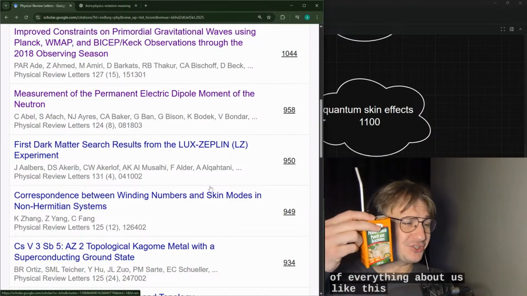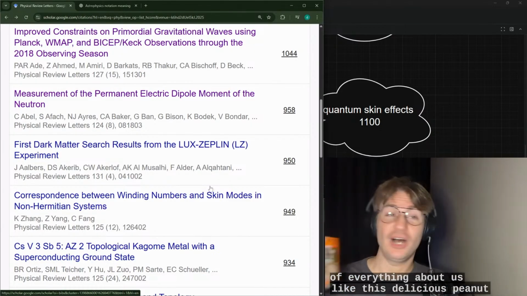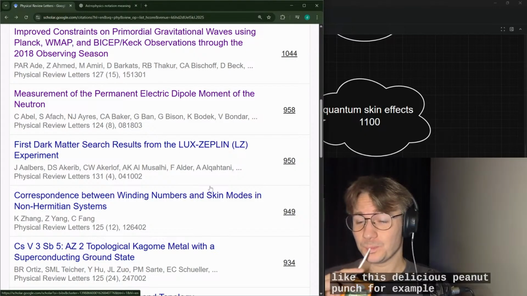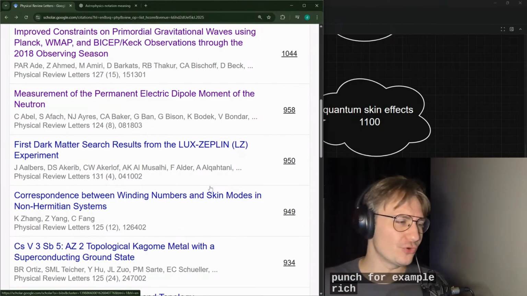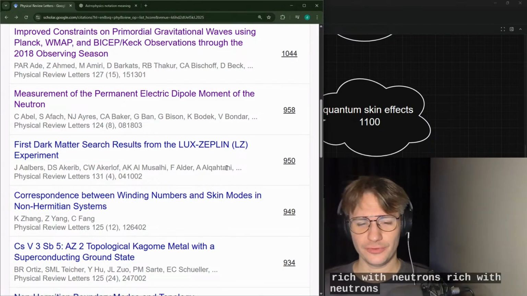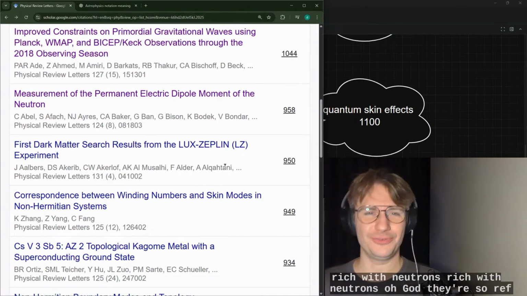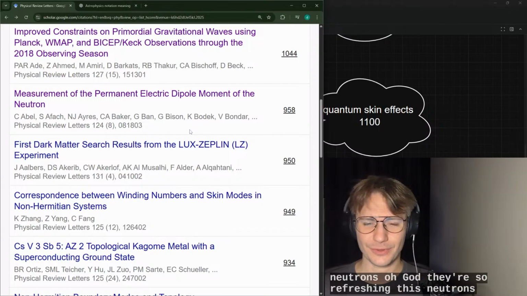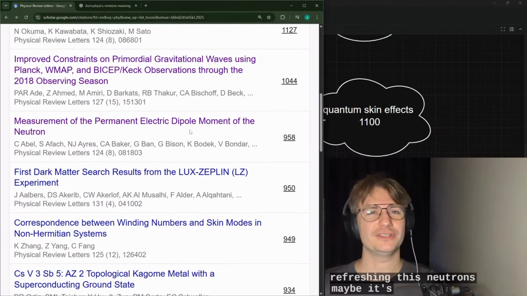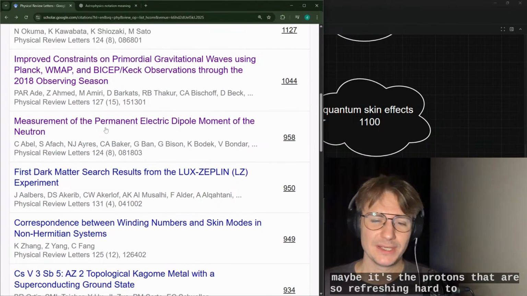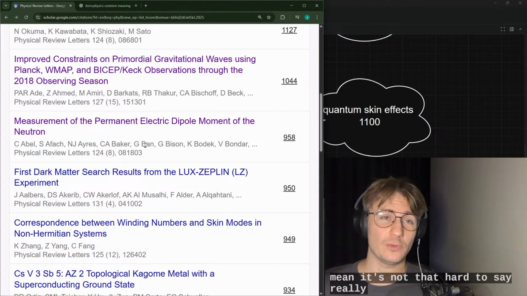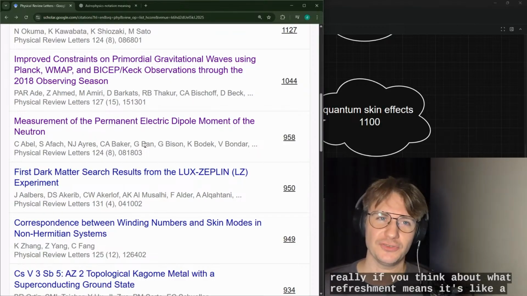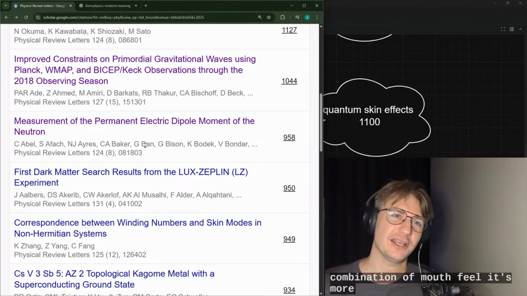Like this delicious peanut punch, for example. Rich with neutrons. Oh god, they're so refreshing, those neutrons. Maybe it's the protons that are so refreshing. Hard to say. I mean, it's not that hard to say, really. If you think about what refreshment means, it's like a combination of mouthfeel. It's more molecular energy, isn't it?